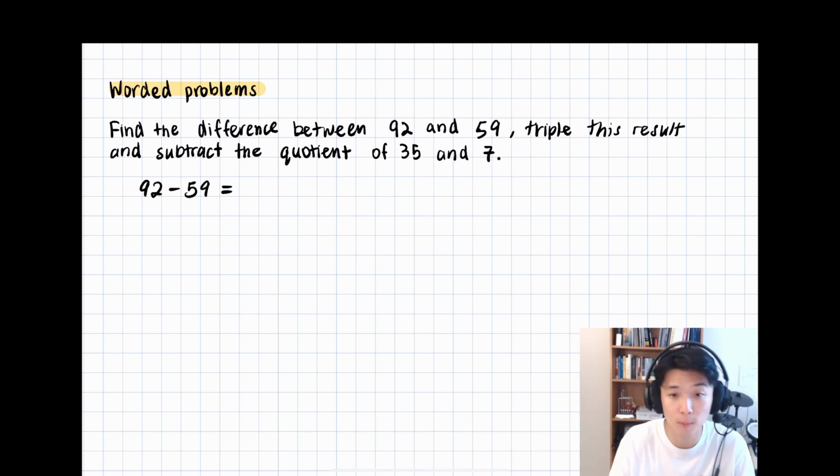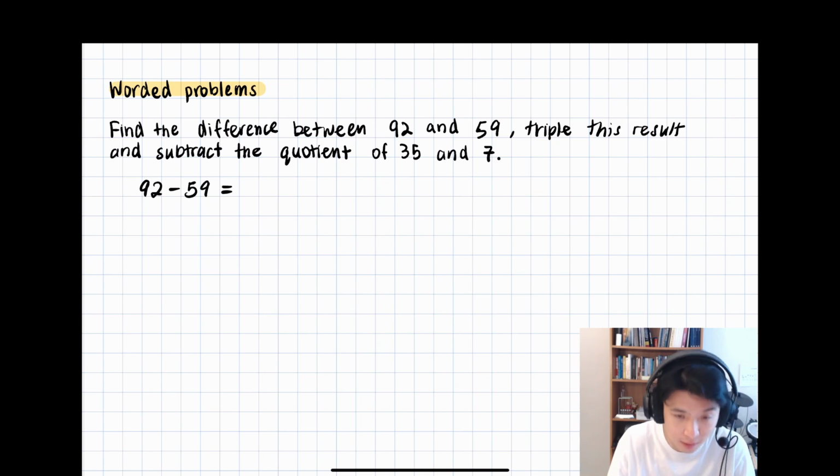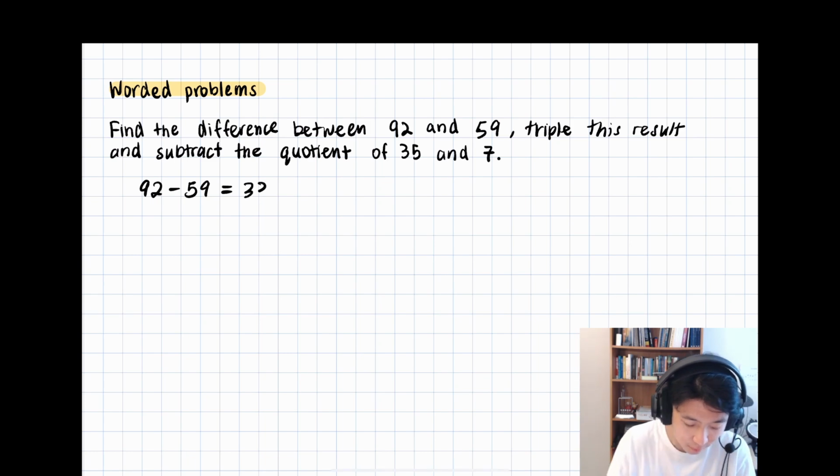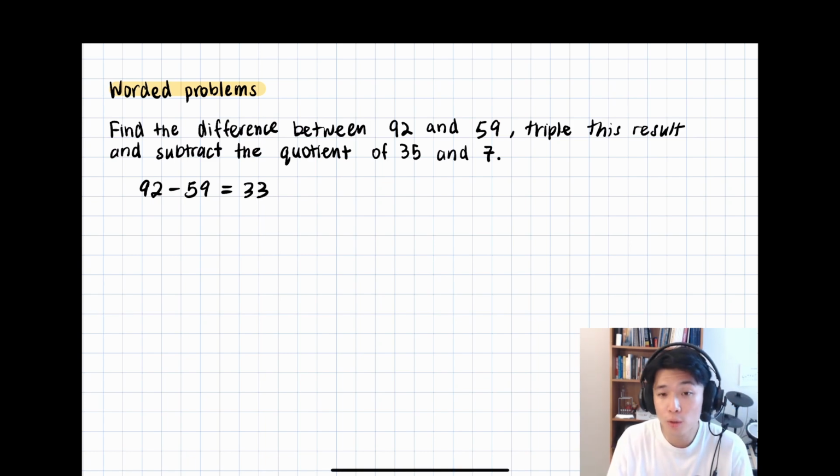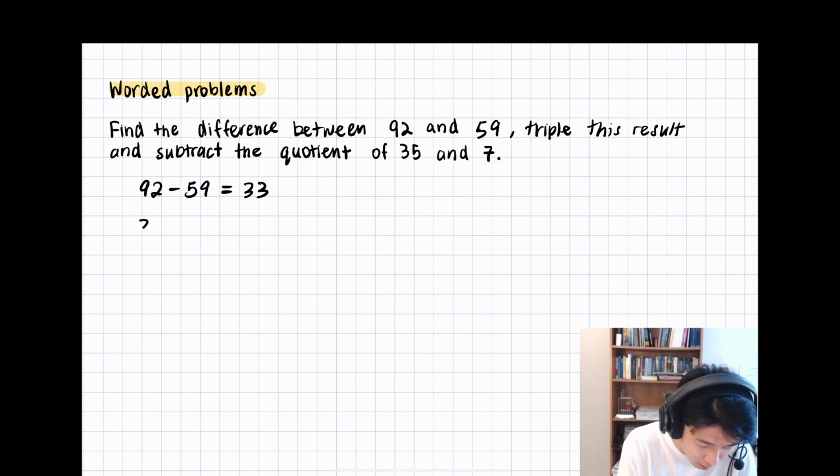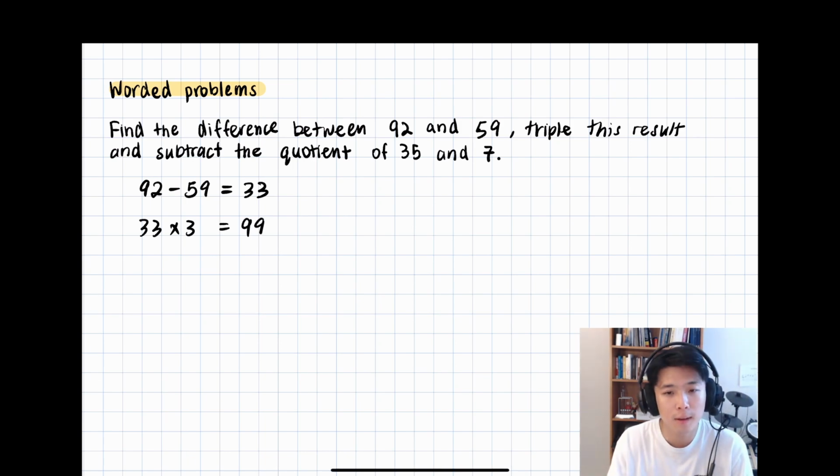And if you do some quick mental maths, you will find that the answer here is 33. Now we're going to triple this result, so we multiply 33 by 3, and this gives us 99. And then we're going to subtract from 99 the quotient of 35 and 7.